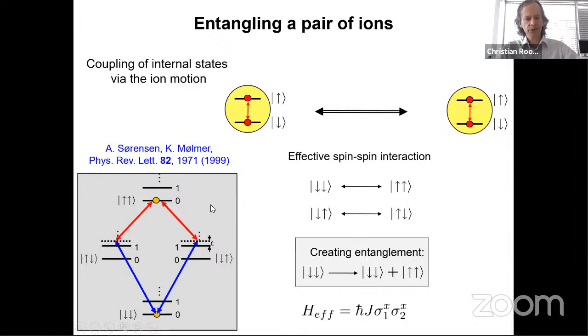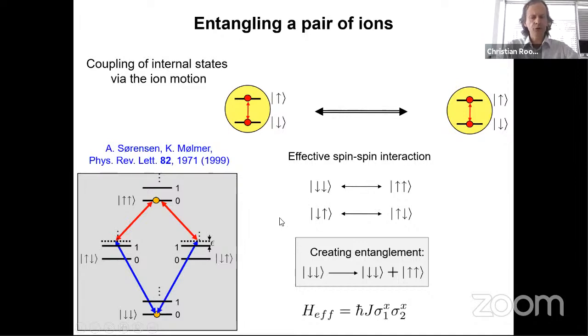And there's a similar process which I haven't sketched here that couples this spin down state to the spin up state, and which can happen either by the absorption of a blue sideband photon on one ion followed by a stimulated emission of a blue sideband photon by the other ion, or it can be started by a stimulated emission of a red sideband photon on one ion followed by an absorption of a red sideband photon by the other ion.